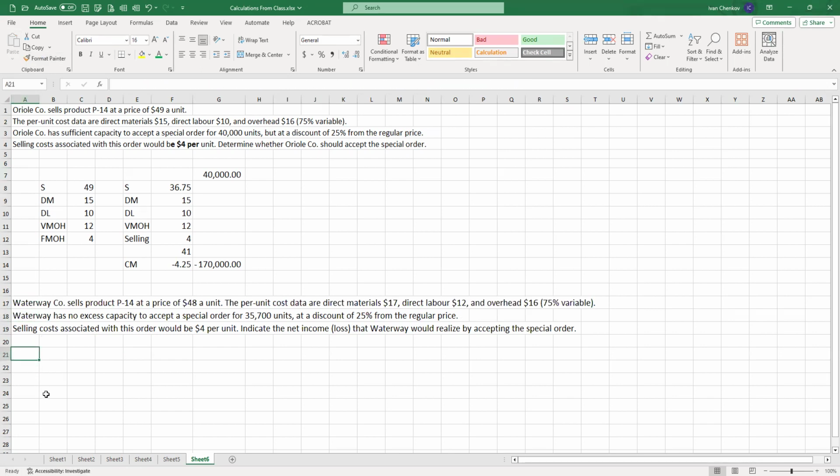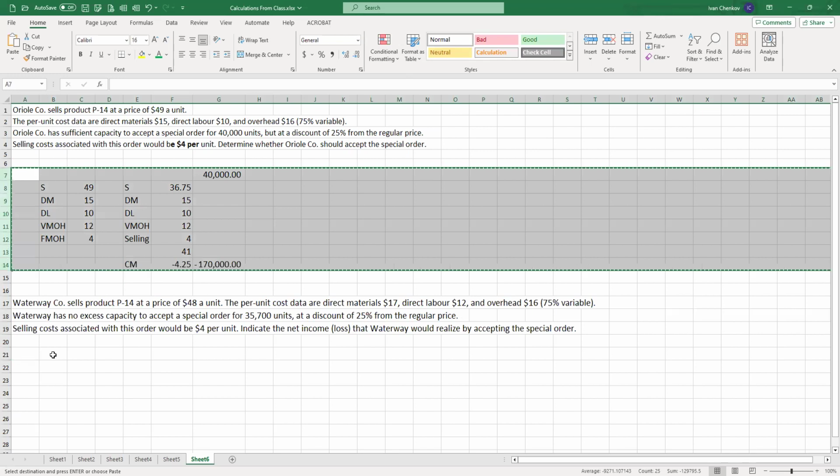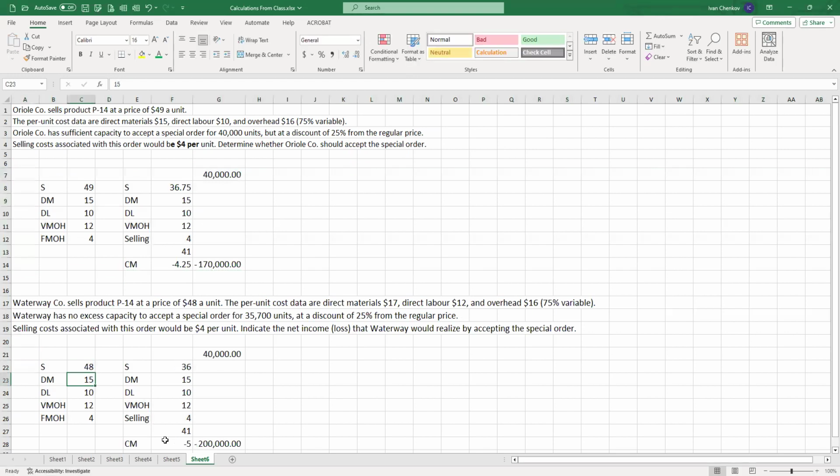Yes. So we can copy this one, right? I don't have to start over again. Here is 48. We have direct material 17, direct labor 12, and overhead 16, 0.75 variable and 0.25 fixed.